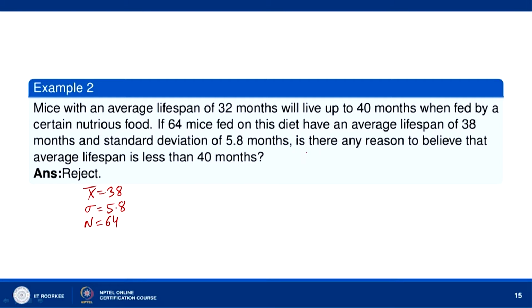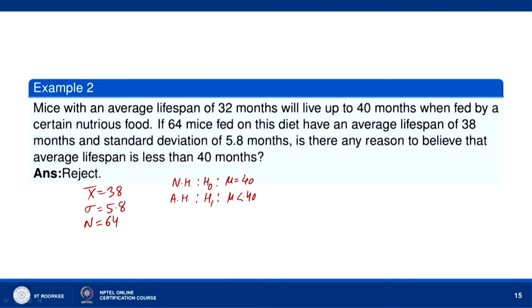Now, we have to test, is there any reason to believe that the average lifespan of mice is less than 40 months. So, the null hypothesis is that mu is equal to 40, while the alternative hypothesis is that mu is less than 40.